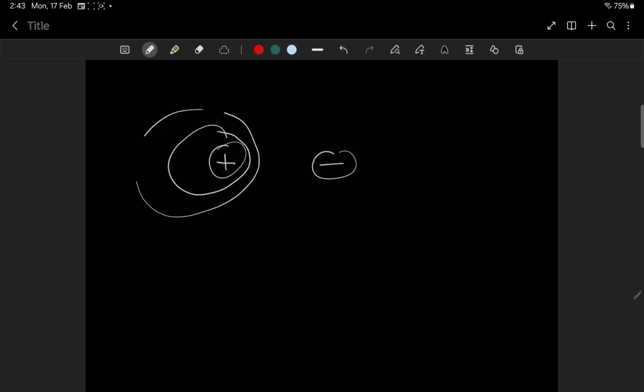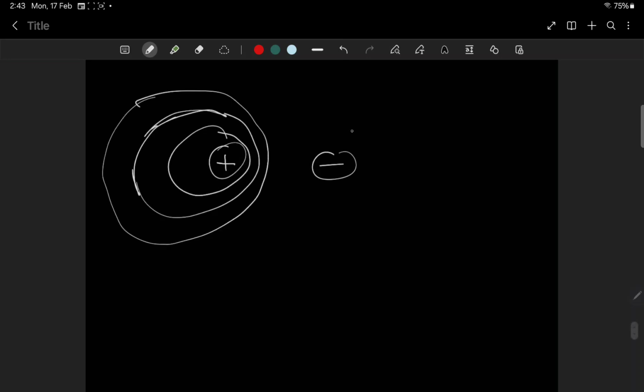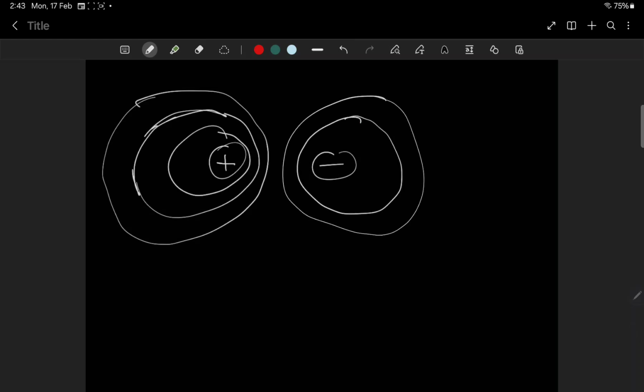Now if I am taking a positive and negative charge, a dipole, the equipotential surfaces will be like this.